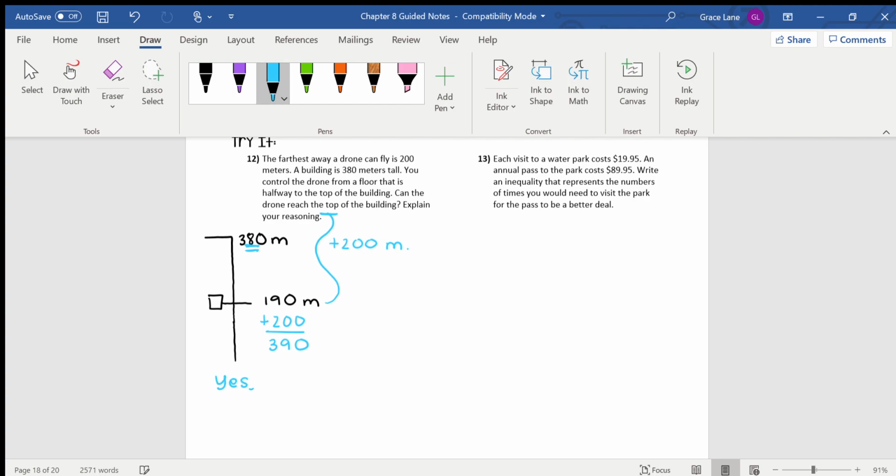So yes, if I'm at 190 meters, the drone can fly up to 390 meters, which is above the building.